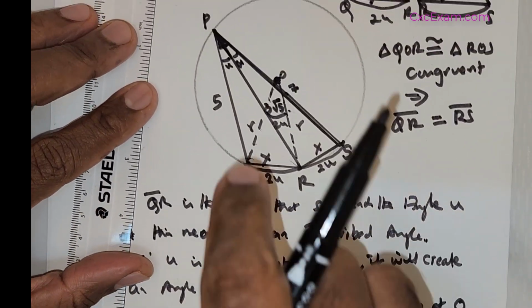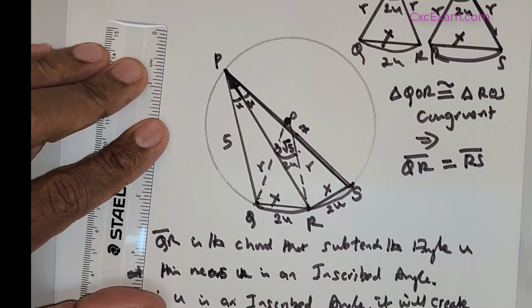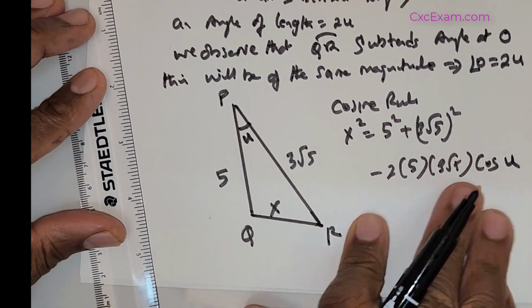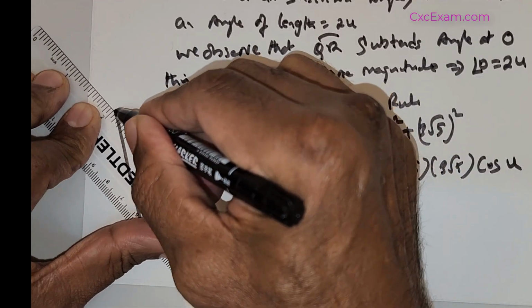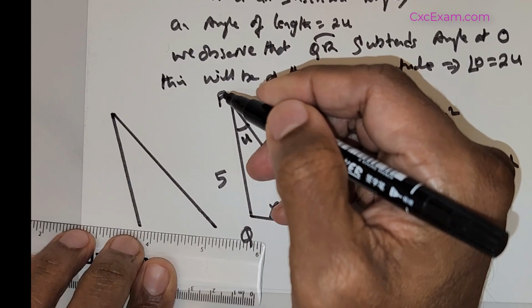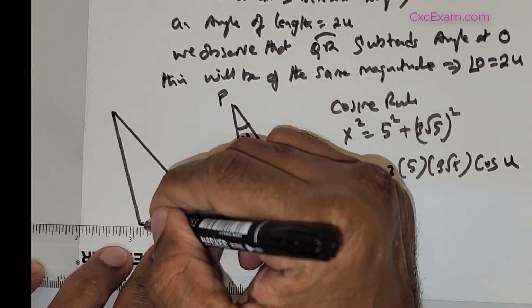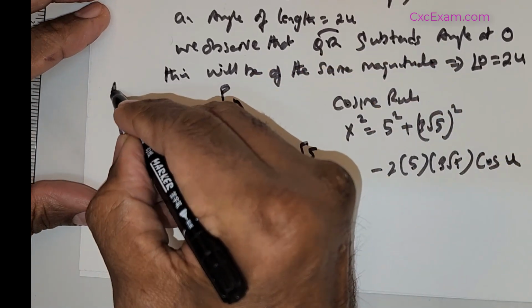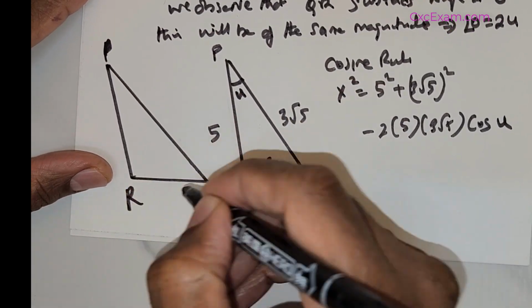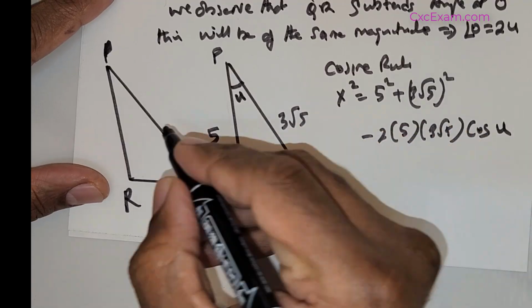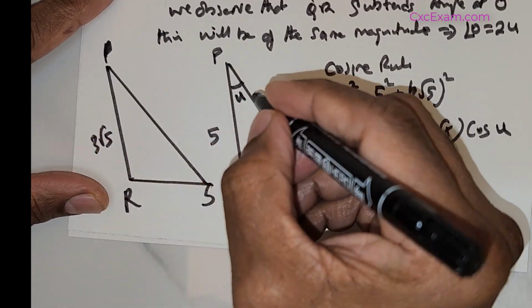Now there is another triangle PRS, right? So I'm going to set up a similar system. So this is going to be P, this is going to be R, this is going to be S, this is 3 times the root of 5.